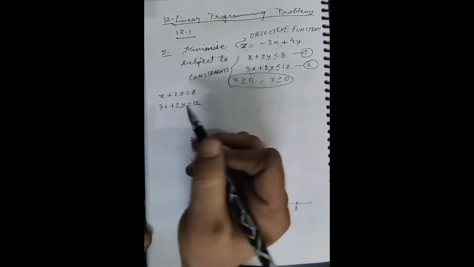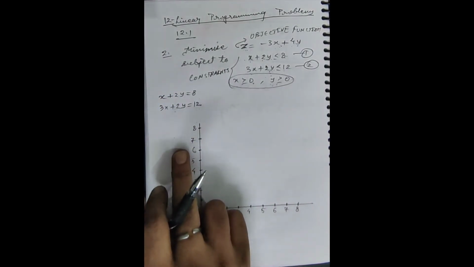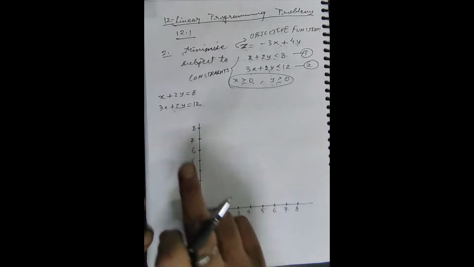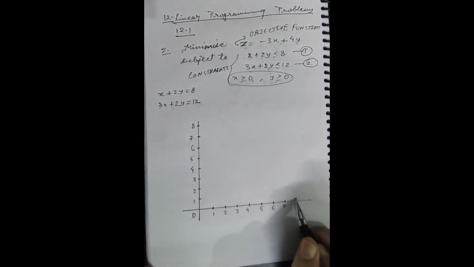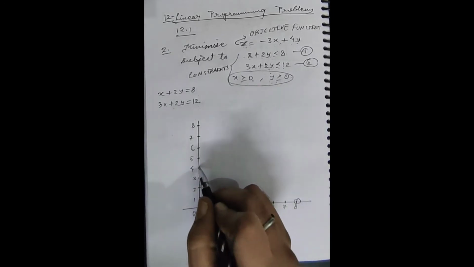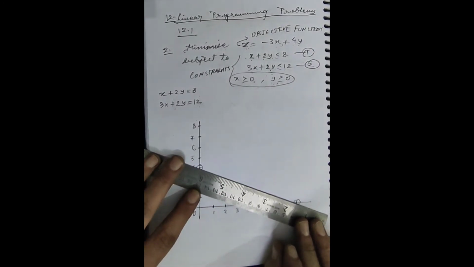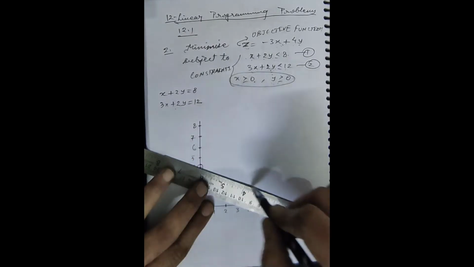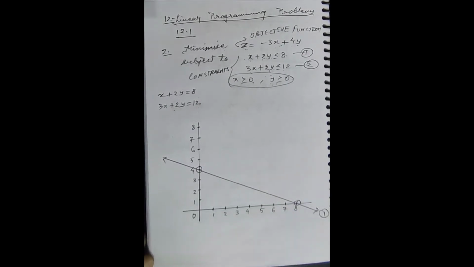To plot these lines, simply make y 0 one time and x 0 the other time, so that we get the points where the straight line meets the axes. For the first one, as we have seen, x equal to 8, 0 and y equal to 0, 4. We will join these two. This line represents inequation number 1, so we can write at one corner that this is from 1.